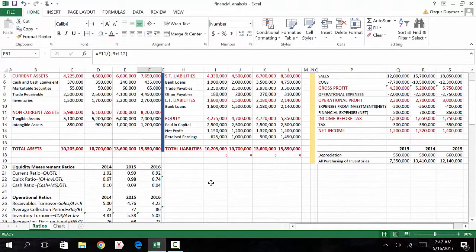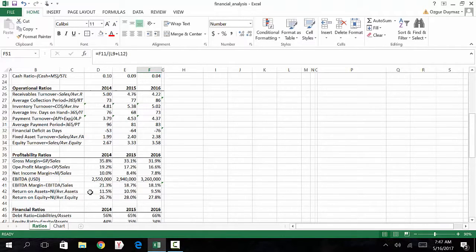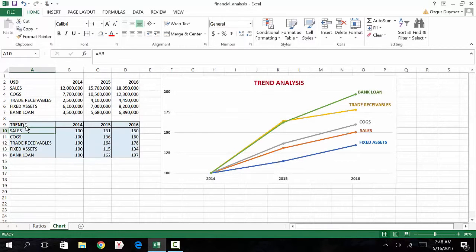And guys, I've completed all ratios, and I would like to share a chart using some items from the balance sheet and P&L statements. These are sales, cost of goods sold, trade receivable, fixed assets, and bank loan provided by the financial statements.